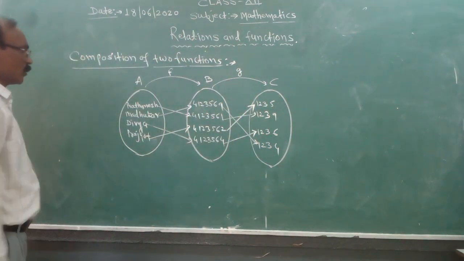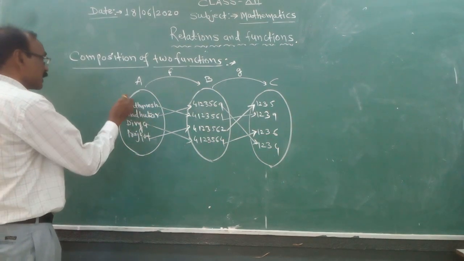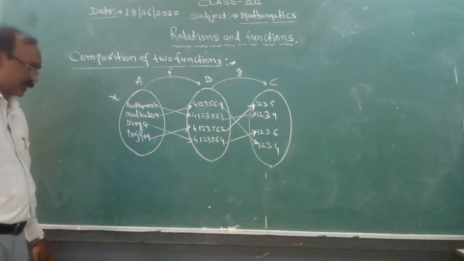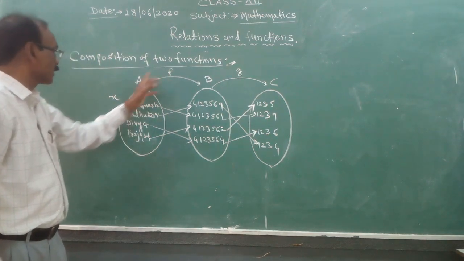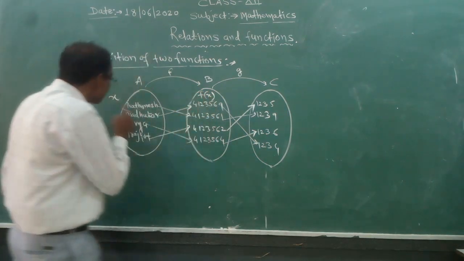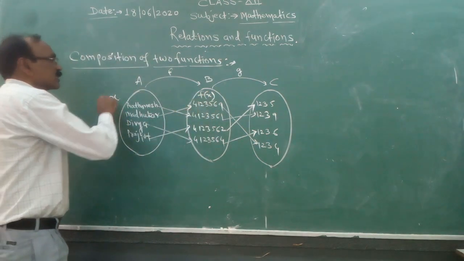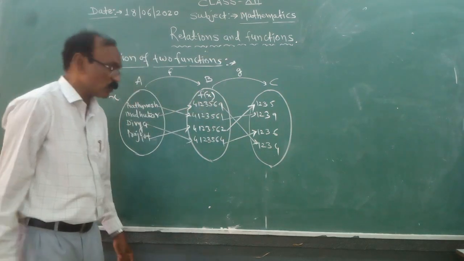Now if I take a general element x in the first set, then under the function f we get f of x. The answer for this general element x under this function f is f of x, which is the value y.